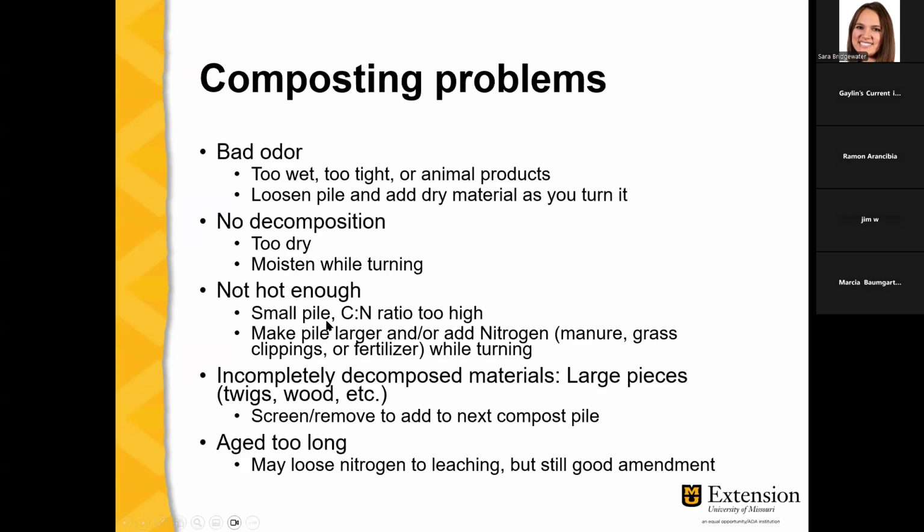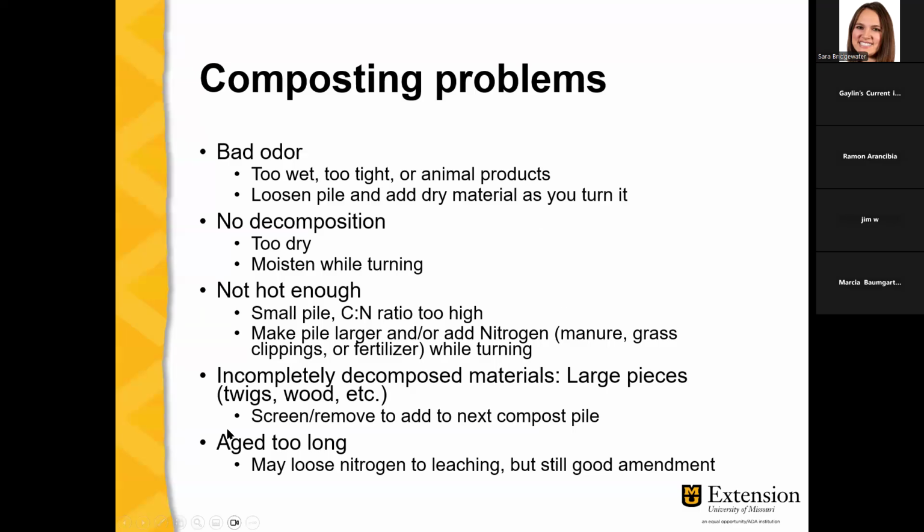So if it's a small pile, you want to make it larger by adding more material. And if the carbon to nitrogen ratio is too high, you want to add nitrogen, whether with manure, grass clippings or fertilizer, while you turn the pile. That will reduce the carbon to nitrogen ratio to the right amount.